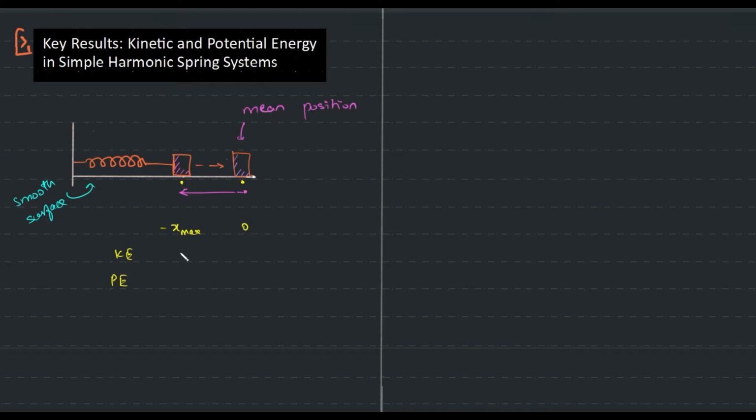So our kinetic energy will be 0, and the potential energy, we don't know the value as of now, but it will be maximum. What about the mean position? What will be the kinetic energy? At the mean position, the kinetic energy is maximum, while the potential energy is 0.